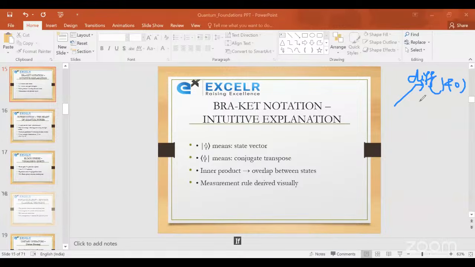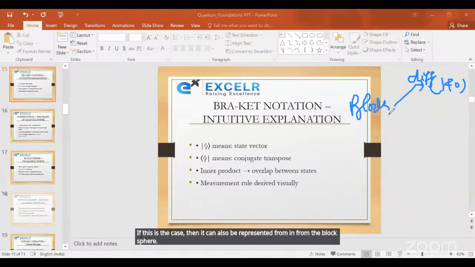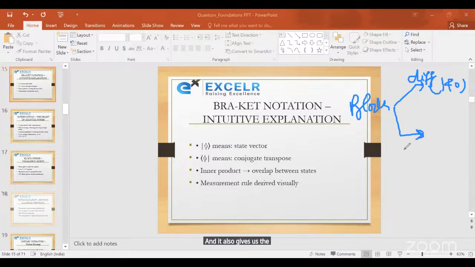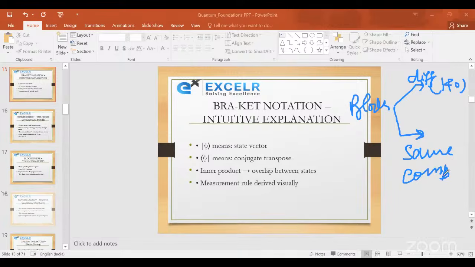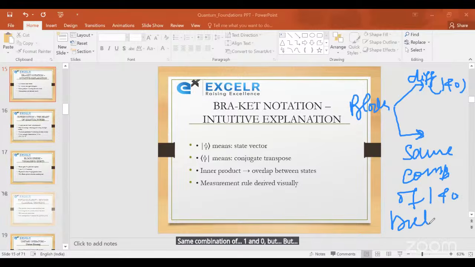It can also represent points where there is the same combination of 1 and 0 but a different phase.